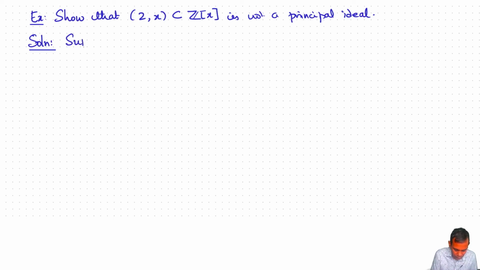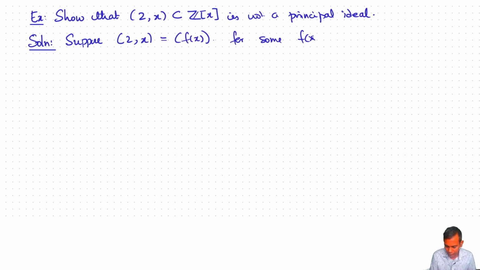So suppose this were a principal ideal. So it would be generated by some polynomial f(x) in Z[x]. So this would again be a polynomial with integer coefficients. What we would have is that then 2 is in the ideal generated by f(x). So 2 is equal to f(x) times g(x).